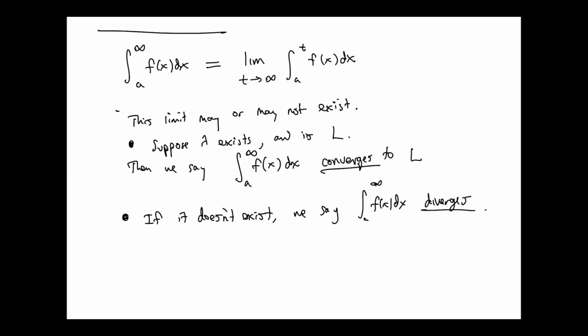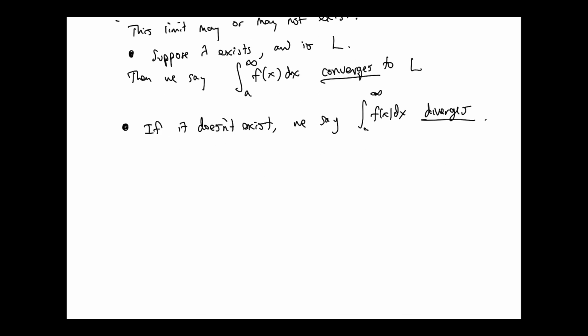So that's sort of the terminology. These limits can either exist or not exist. If they exist as a number, then the integral will say converges to that number, and otherwise we'll say it diverges. Good?